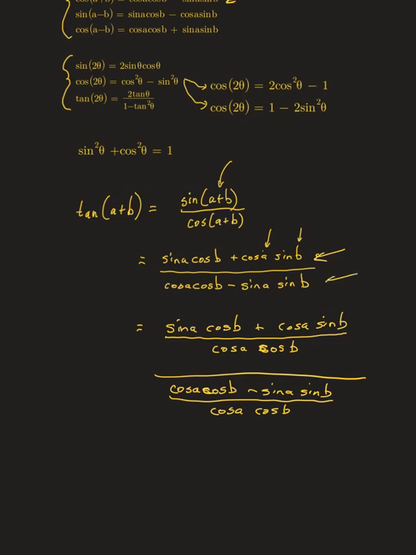So there's the top, there's the bottom. We're going to divide them both by cos A cos B.